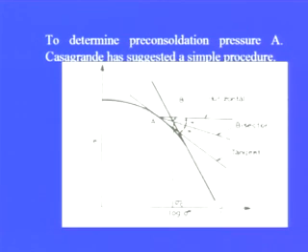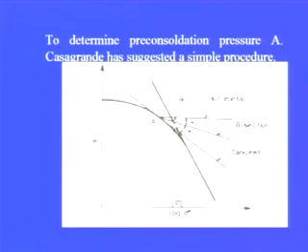Then we extend the straight line portion of the normally consolidated soil back, and wherever it intersects the angle bisector, that is the point corresponding to the pre-consolidation pressure or over consolidation pressure, sigma c dash.